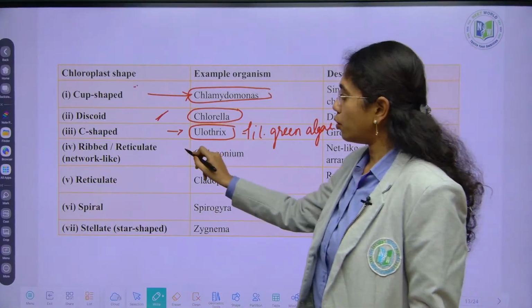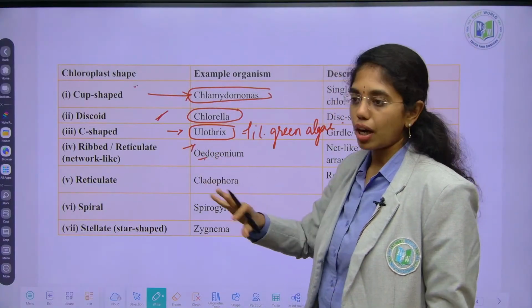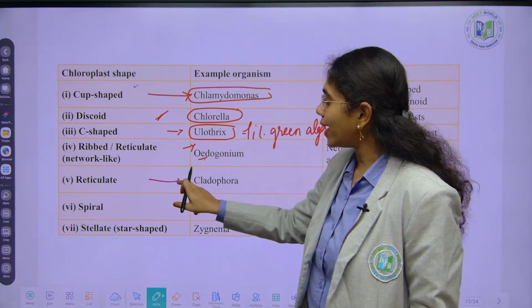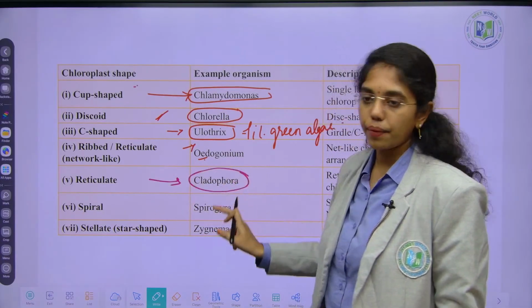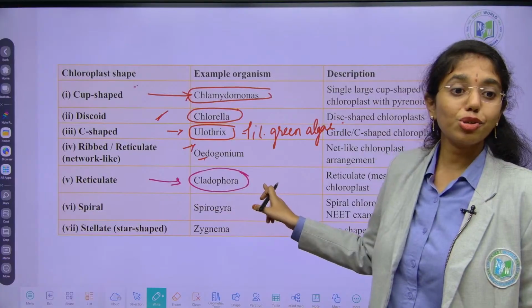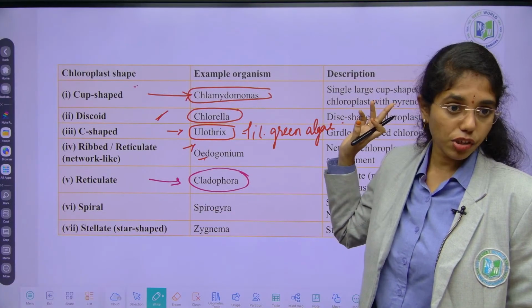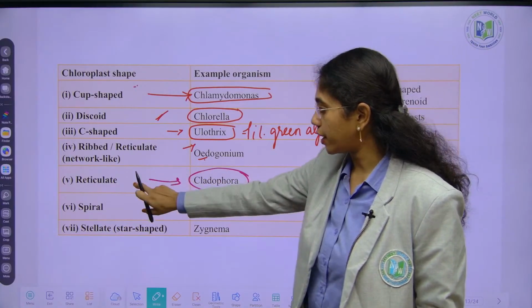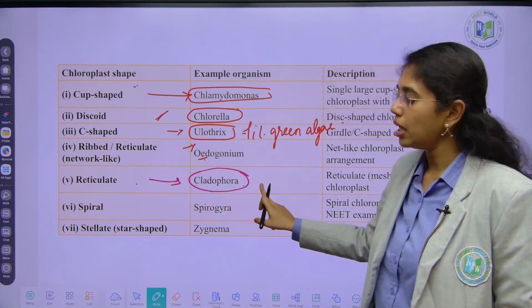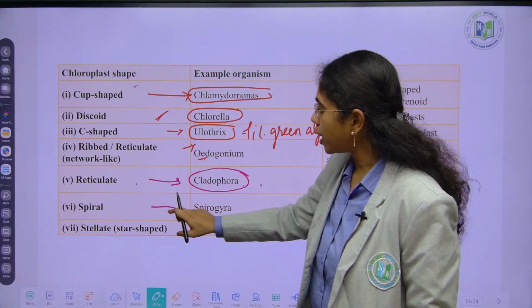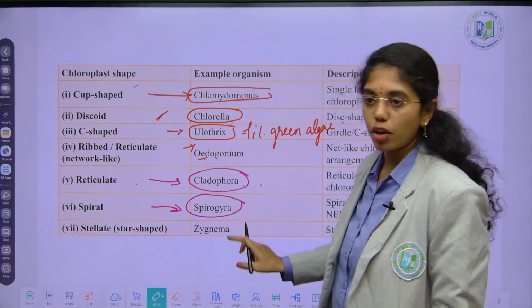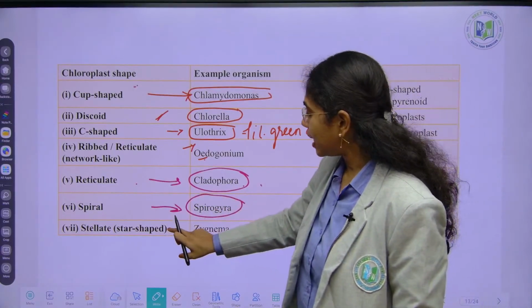This you need not remember, Oedogonium is not an example for you. Reticulate, again you have to remember Cladophora, which was used by T.W. Engelmann for the experiment. We have learnt in plant physiology. So you have to remember this. Reticulate shaped chloroplast is present in Cladophora. Spiral shaped chloroplast is present in Spirogyra, and then stellate shaped in Zygnema.